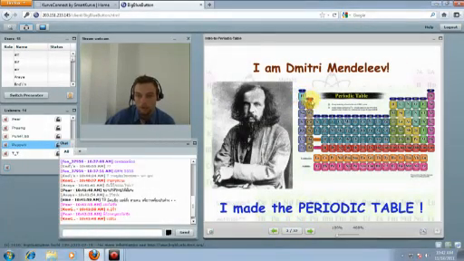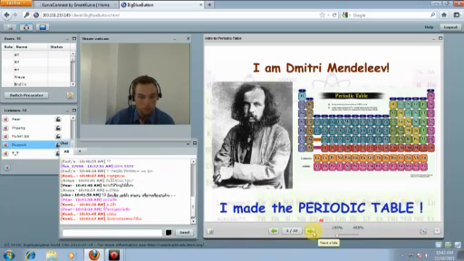You can see these numbers here, 1, 2, 3, 4, 5, 6, 7, 8. These elements are organized in a very specific way. This isn't just randomly here, argon is not just here because it's cool. This is very specific, and we'll talk more about this.